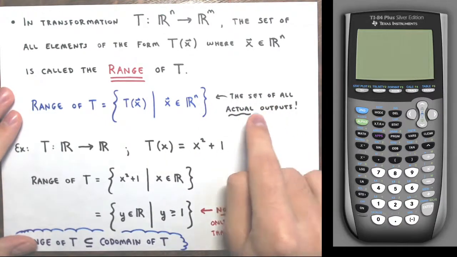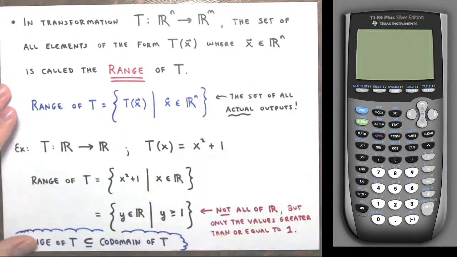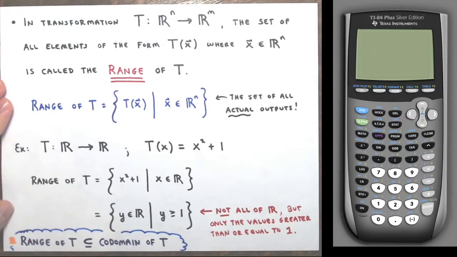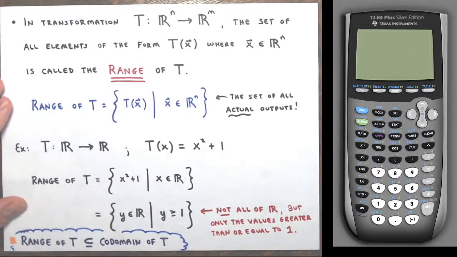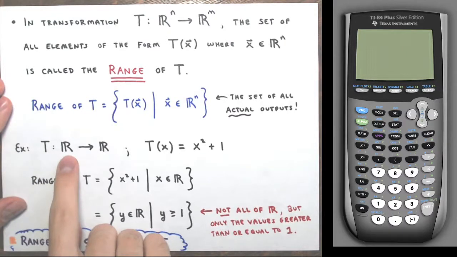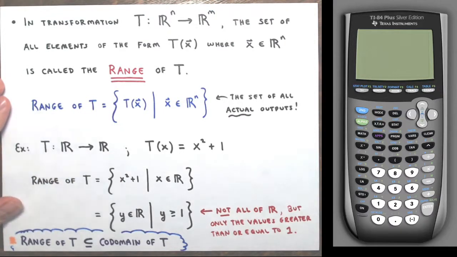These are all the values in the codomain that actually get mapped to by the transformation. I have one example that I can picture on the XY plane, some transformation or operator from R to R, the reals to the reals.